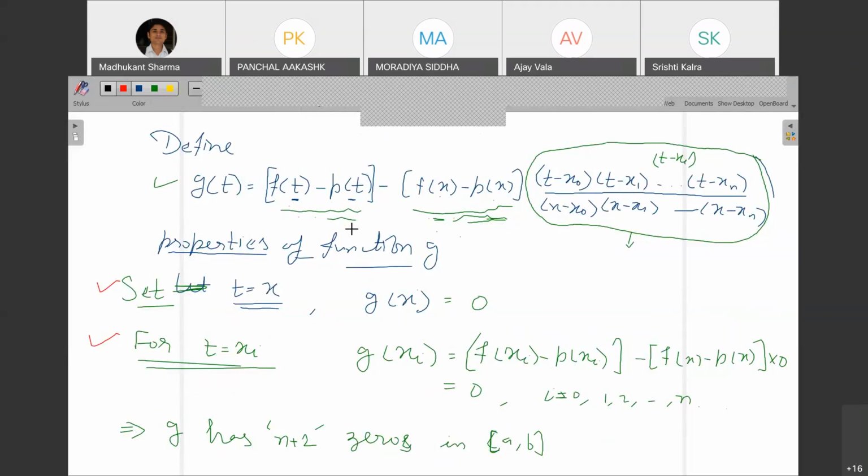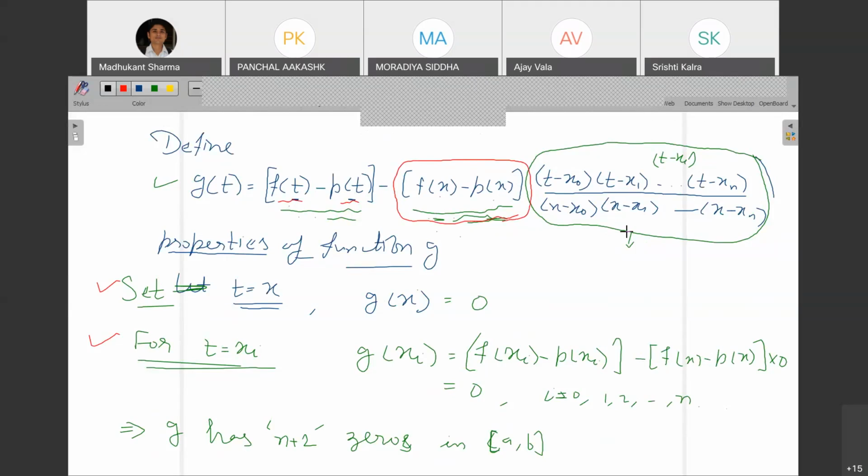So if you differentiate the first term, you will get the f n plus 1th derivative at t. This p of t is a polynomial of degree at most n, so its n plus 1 times derivative is 0. And f of x minus p of x is a fixed number.